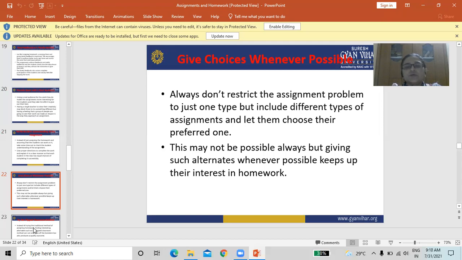This may not be possible always, but giving such alternatives whenever possible keeps up their interest in homework.